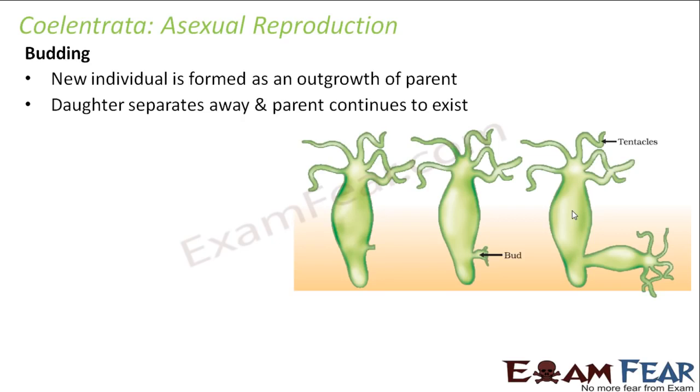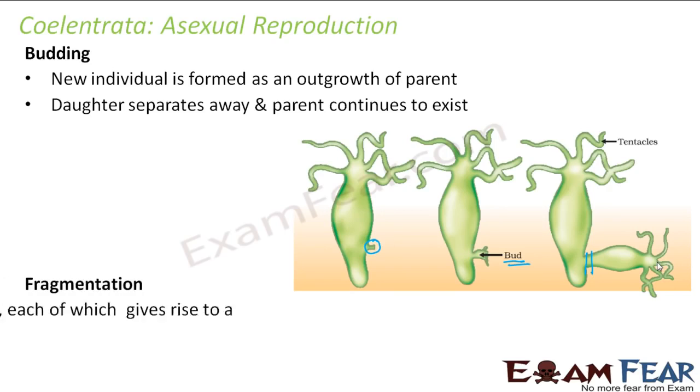Hydra is a classic example of budding. In Hydra, you see that a small outgrowth happens in the body, and this outgrowth is known as a bud. It starts developing, and once it becomes mature, it separates away from the parent body. That is how reproduction happens by budding. Another method is fragmentation.